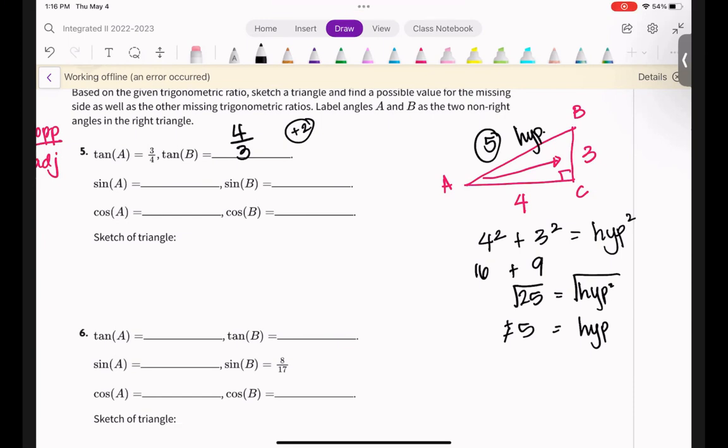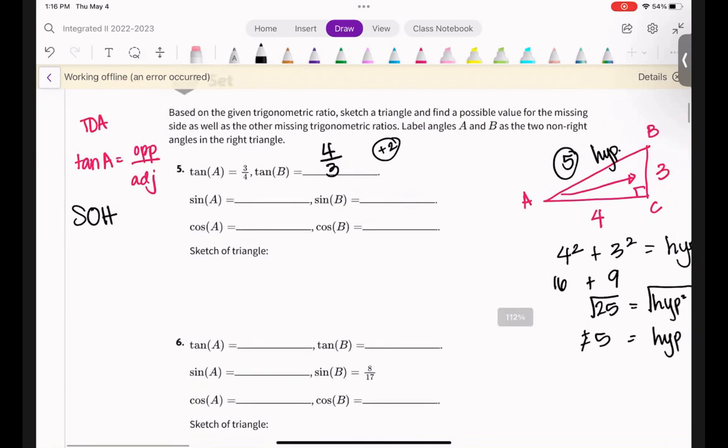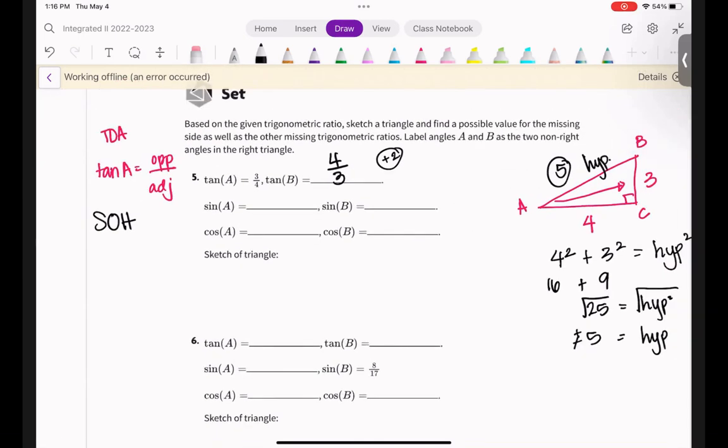What did you guys get for sine of A? Very good. Sine, remember, is opposite over hypotenuse, so you should have gotten 3/5. Give yourself another 2 points if you got 3/5.